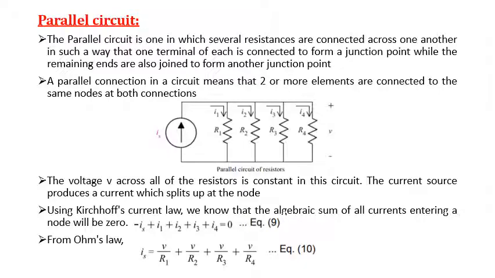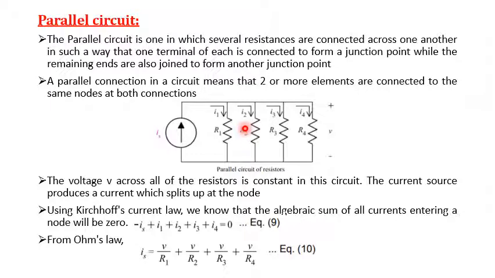Next we'll move to the parallel circuit. Now the parallel circuit is when a number of resistances are connected across one another in such a way that one terminal of each is connected to form a junction point, while the remaining ends are also joined to form another junction point. See, this is a parallel circuit.